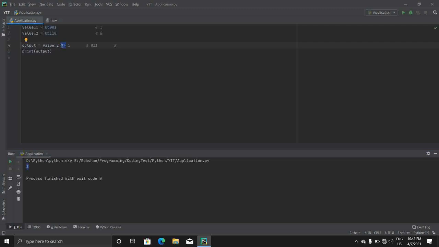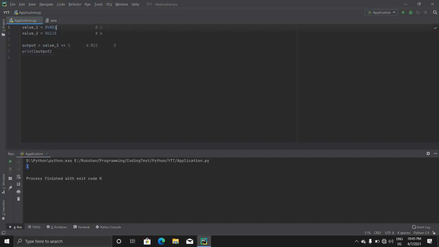bitwise operator with this value. This is the sign for the left shift bitwise operator. To shift bits left, I use value 1. Then I change it here to value 1.